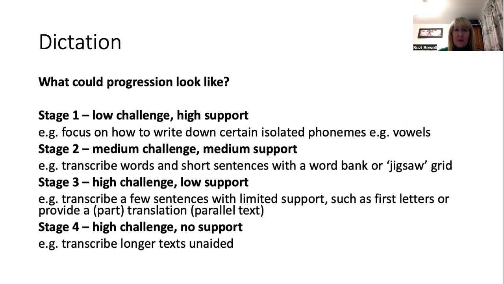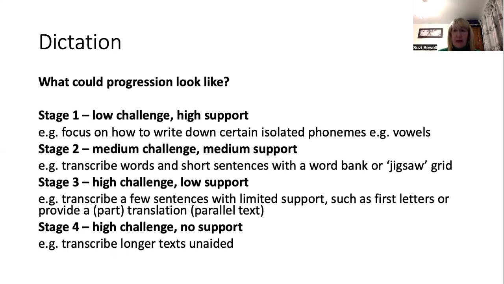So for stage 1, we're talking about low challenge and high support, helping the students to feel confident and successful. For example, it could be focusing on how to write down certain isolated phonemes, for example vowels. In stage 2, what might be a medium challenge with medium support? An example might be transcribing words and short sentences with a word bank or a jigsaw grid.